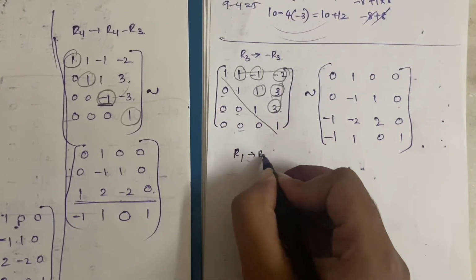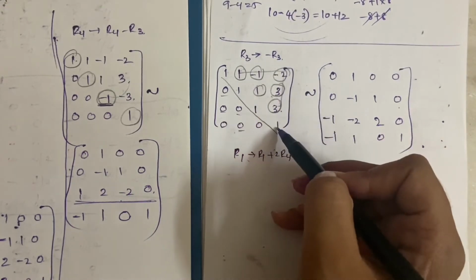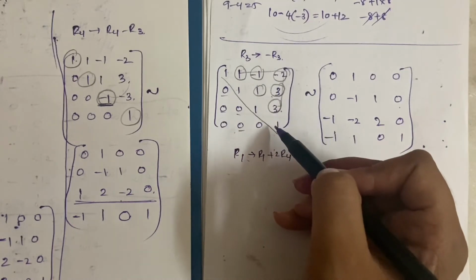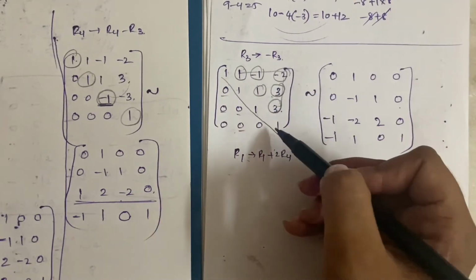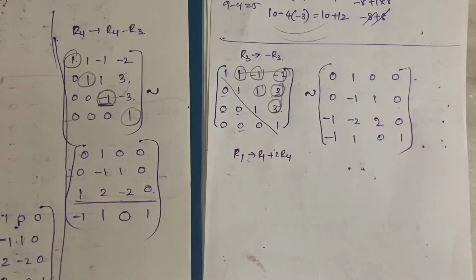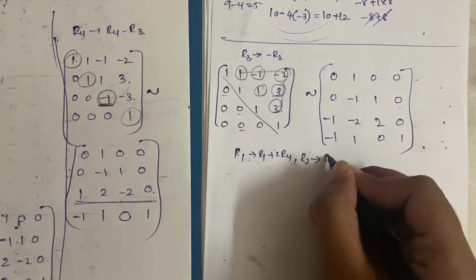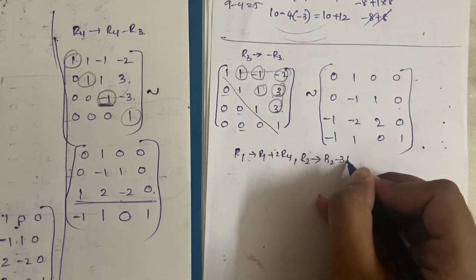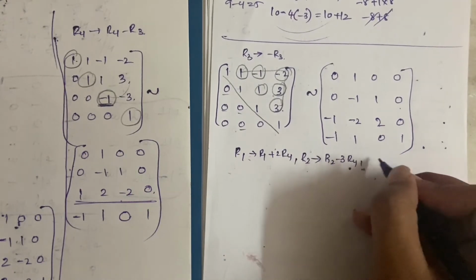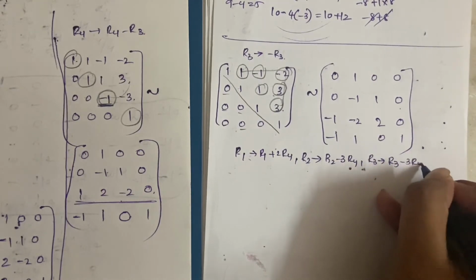R1 will become R1 plus 2 R4. Minus 2 plus 1, minus 2 plus 2, what will happen? You'll get 0, right? So minus 2 plus 2 into R4. Next, R2 will become R2 minus 3 R4. Next, R3 will become R3 minus 3 R4.